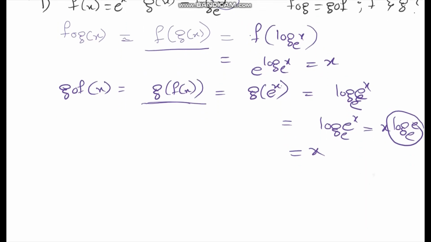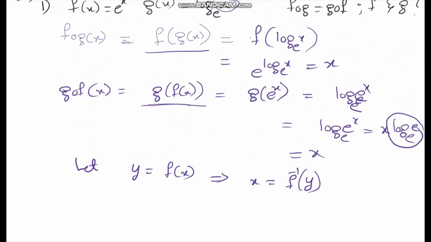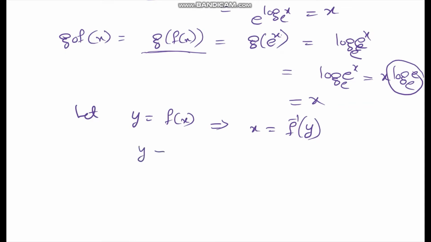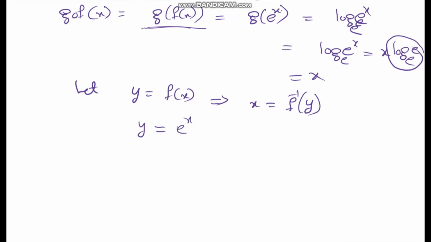To find the f inverse, let y equal f of x. That implies x equals f inverse of y. If I take y equals f of x equals e power x, that implies if I bring this e to the left hand side, then I'll get log y to the base e equals x.